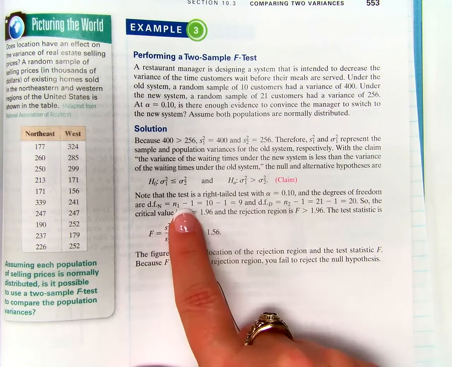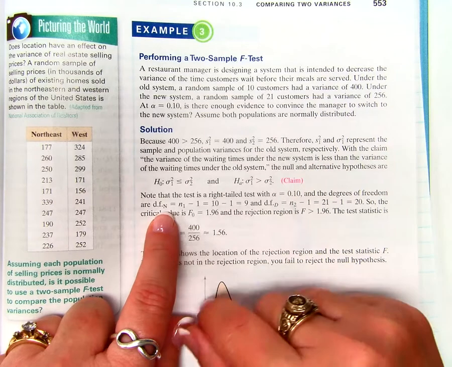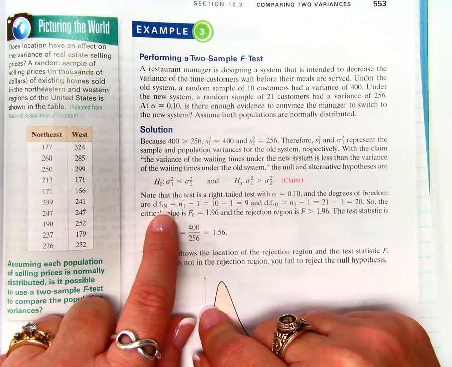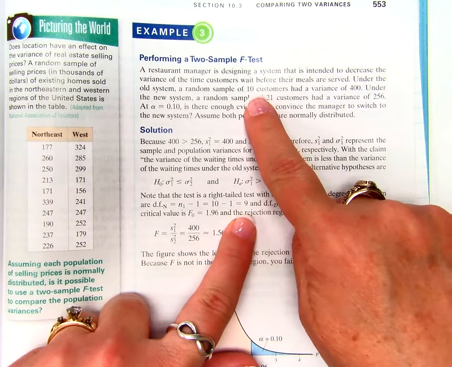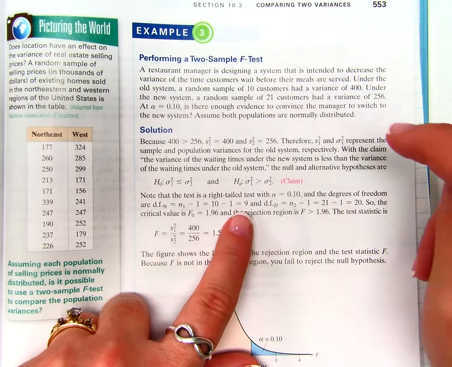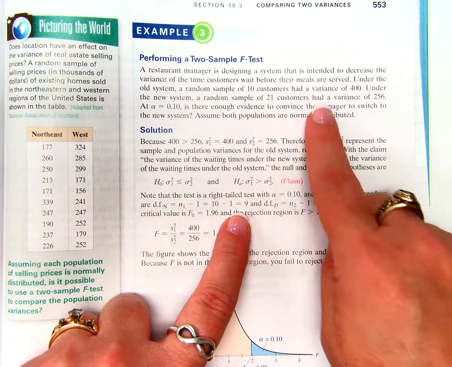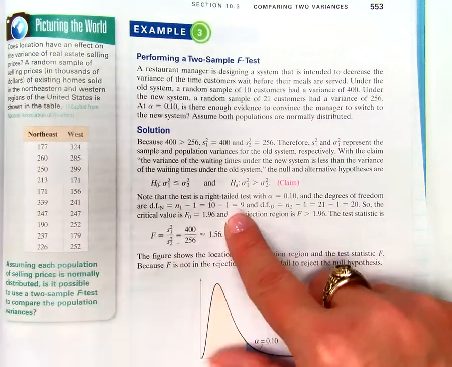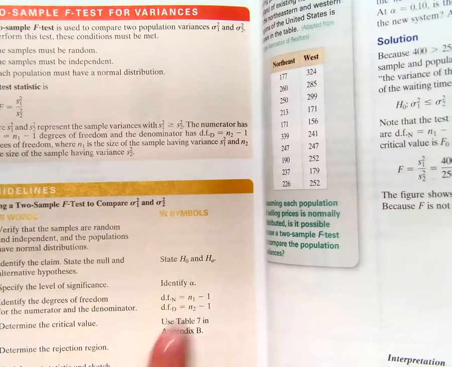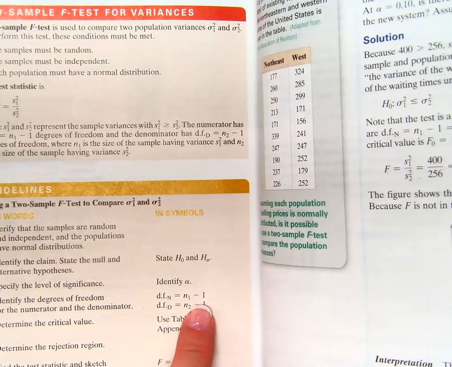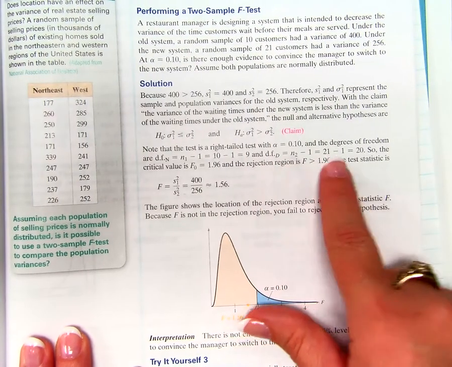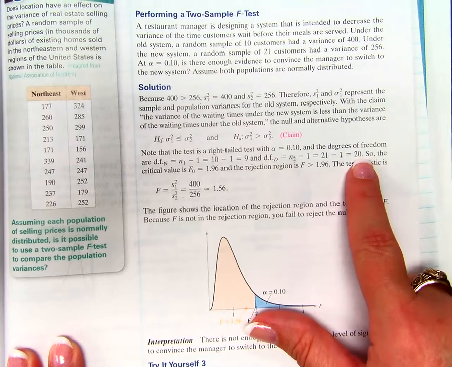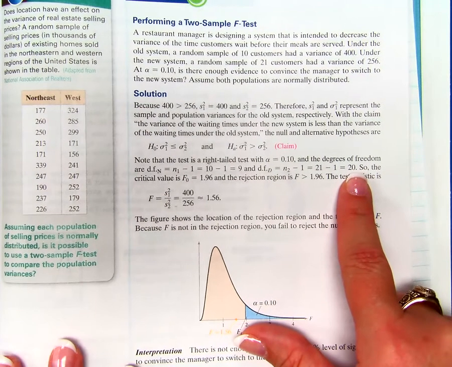Degrees of freedom: how many samples were there for my numerator? There were 10 customers and 21 customers. So my numerator is going to be 10 minus 1, because degrees of freedom is n minus 1, the sample size minus 1. And my degrees of freedom in my denominator is going to be 21 minus 1, so that's 20.